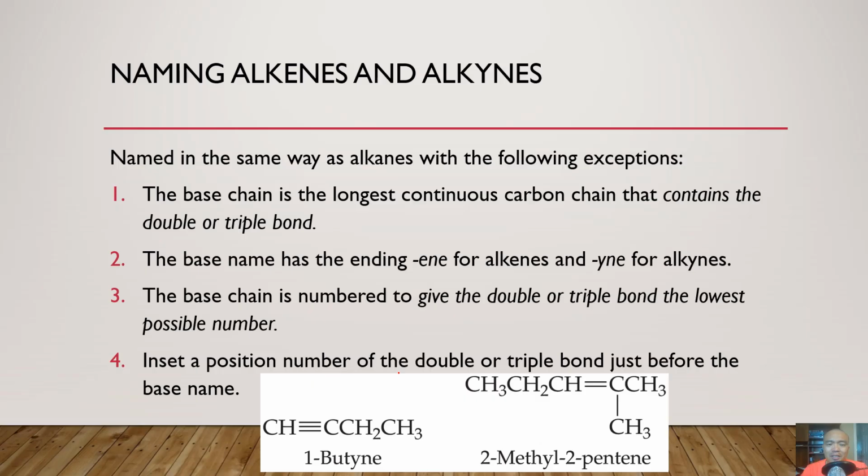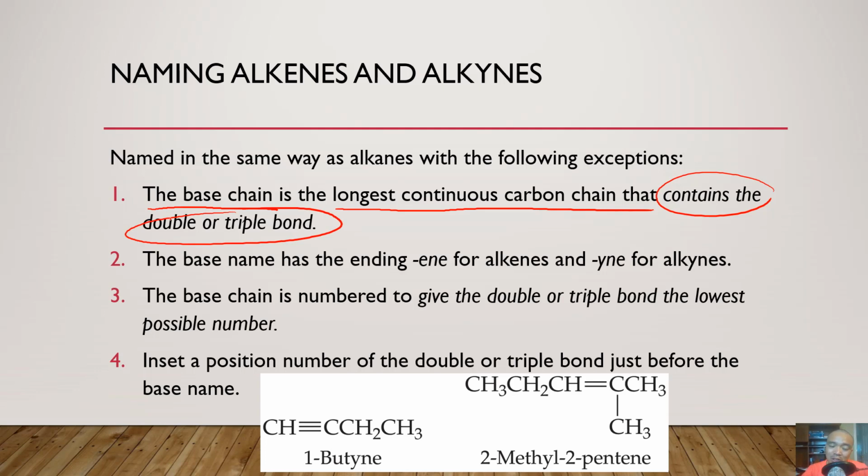So let's look at the naming for alkenes and alkynes. The names for alkenes and alkynes are almost the same as for alkanes, with a few exceptions. For example, when you pick the base chain, it's not going to be the longest continuous chain. Rather, it's the longest continuous chain that must contain the double bond or triple bond.